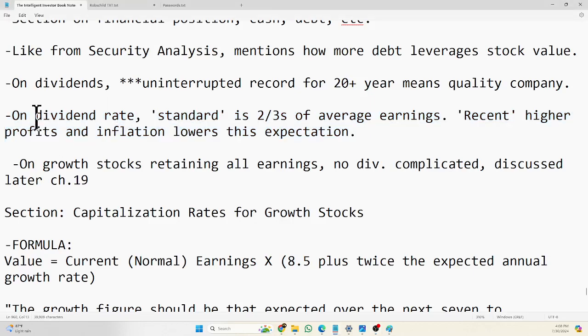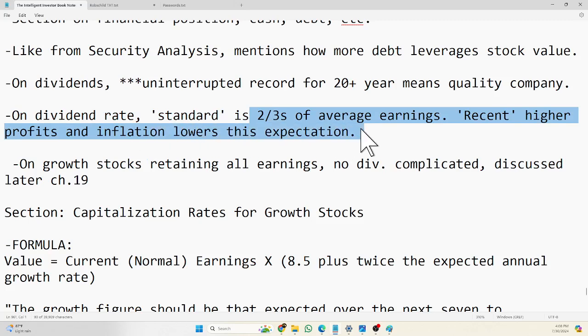And he talks about the dividend rate, how the standard is 2/3 of the average earnings, but recent higher profits and inflation lower this expectation. Again, I'm a little surprised here that he doesn't talk about the difference of expected dividends based on the industry. Obviously, today you have stocks that pay out like 8 to 12% dividends, especially Brazilian stocks right now, for example.